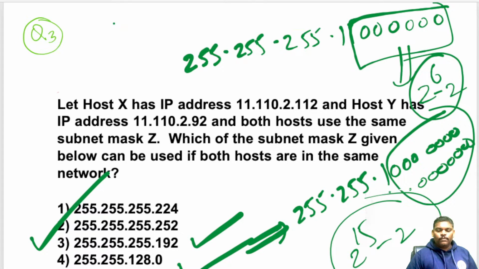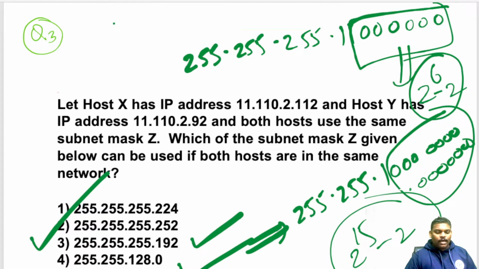Perfect. So 3 and 4 are both correct, but the router will select 3 only, because more bits in the mask means less host. Answer is 3.